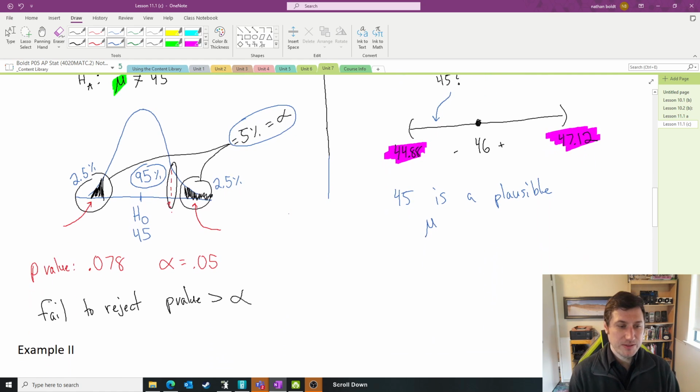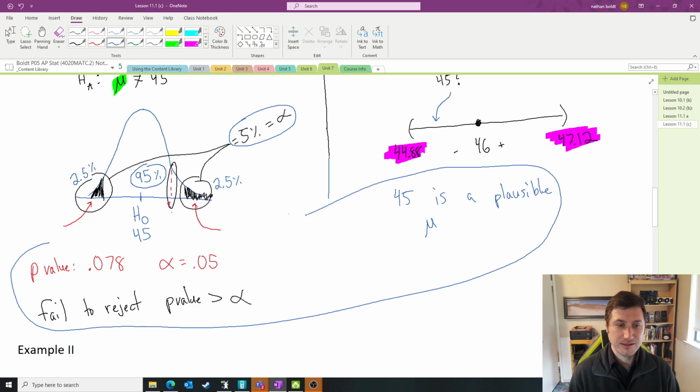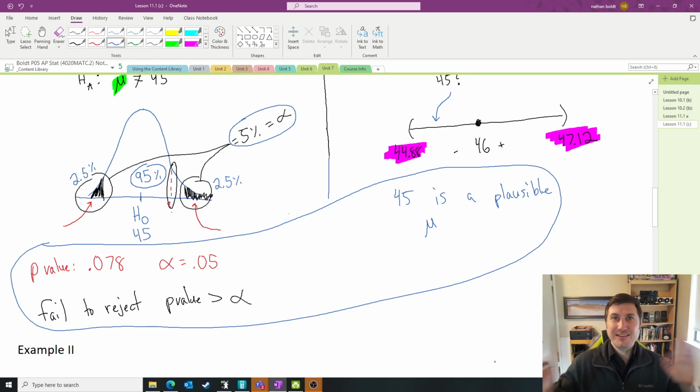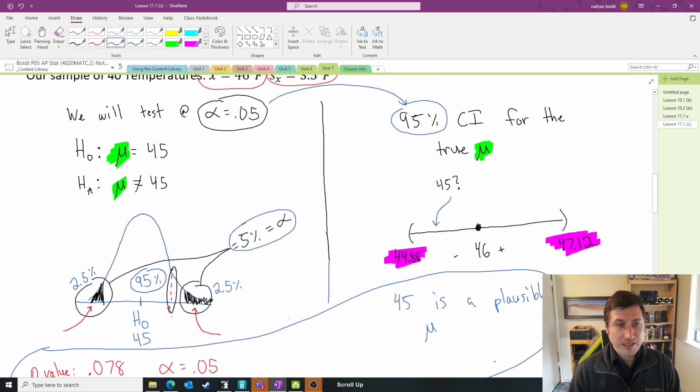And so I want you to see how those two statements are connected. They're saying the same thing. So why not 46? 46 is also a plausible value. Okay? 46 is still definitely a plausible value. I want you to see the connection between the hypothesis test and the confidence interval.